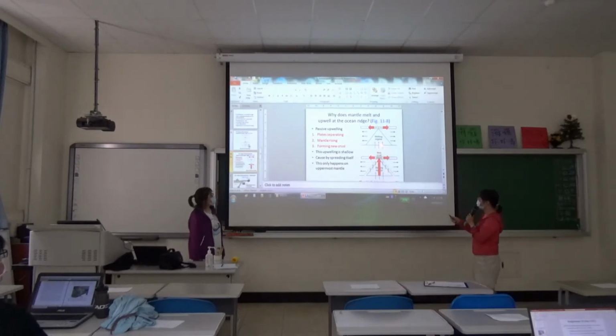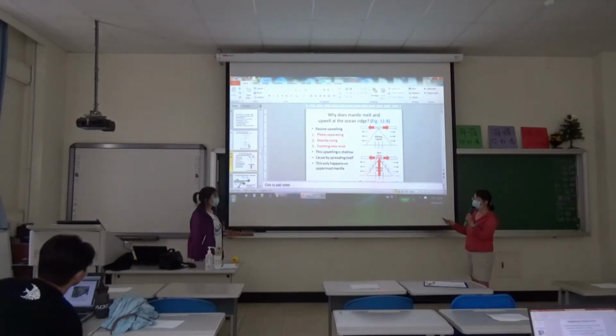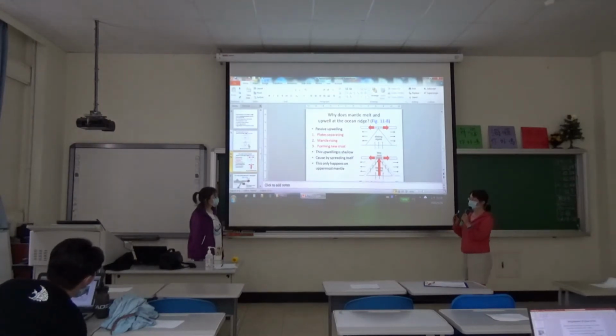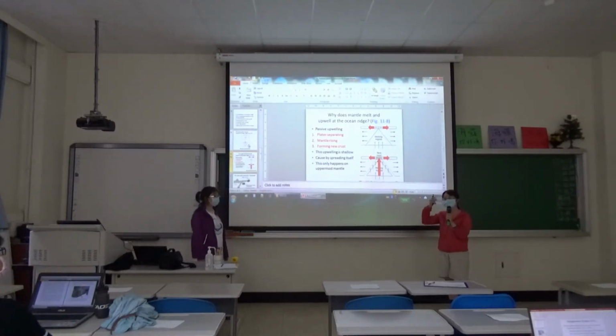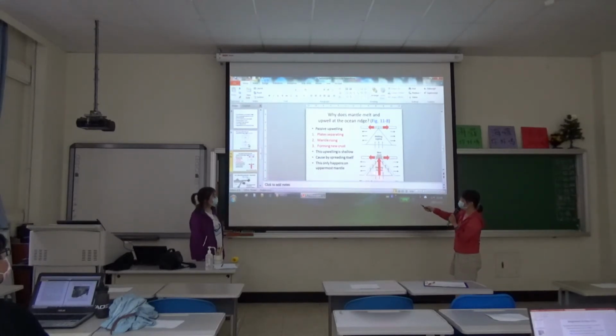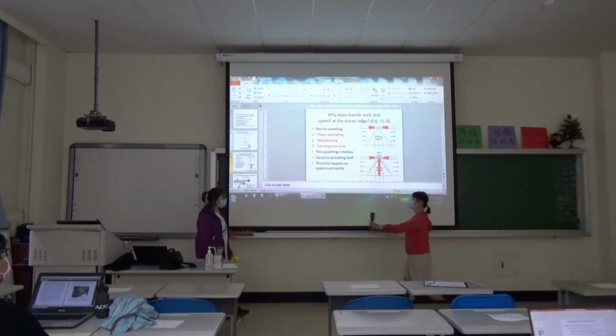And in this case, this mantle material here, because this is a plate and this is mantle, it upwells, and the temperature should be lower. So why should it melt? So in other words, it's a little bit counterintuitive. Here, the material goes upward and it melts. Why?